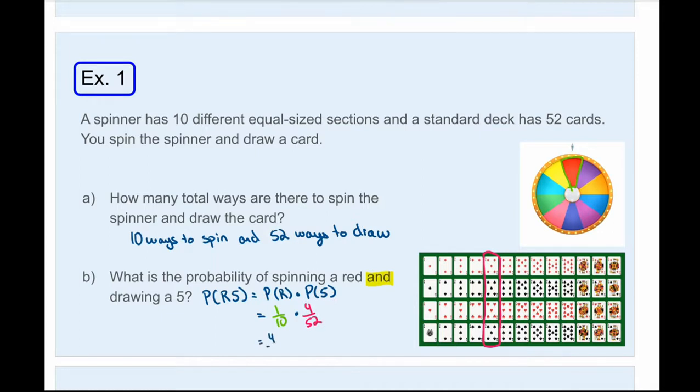So I get 4 out of 520, which can be reduced to 1 over 130, which works out to roughly 0.77%. So there's less than a 1% chance of spinning a red and drawing a 5.